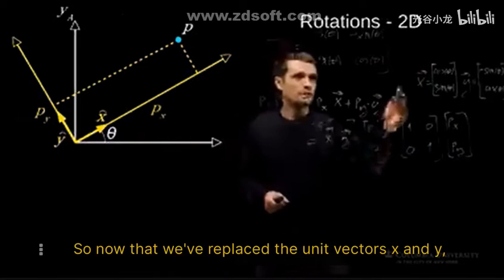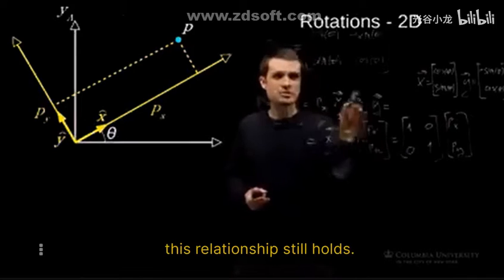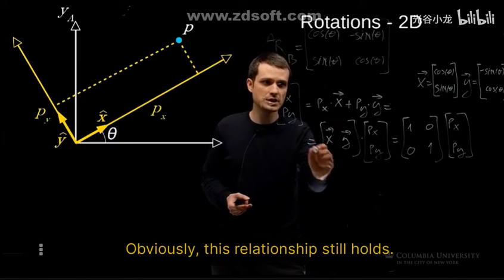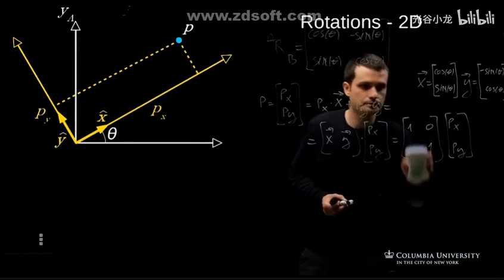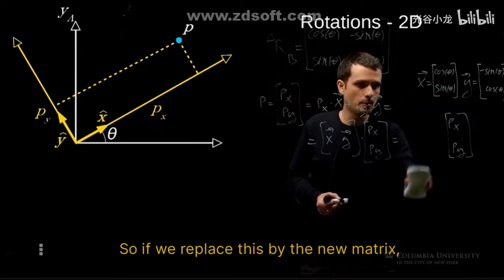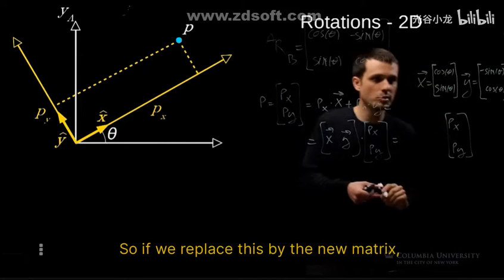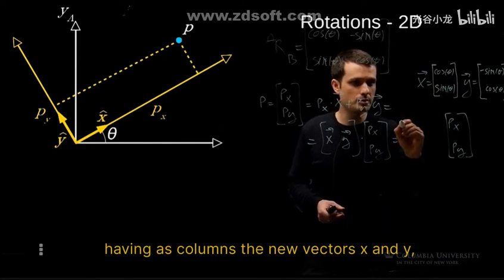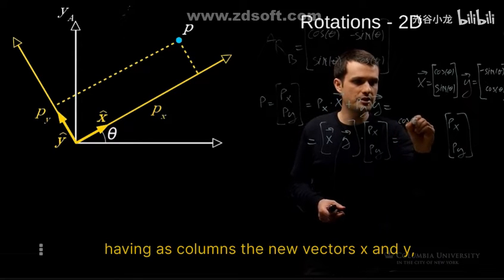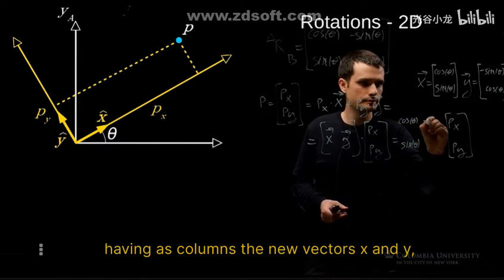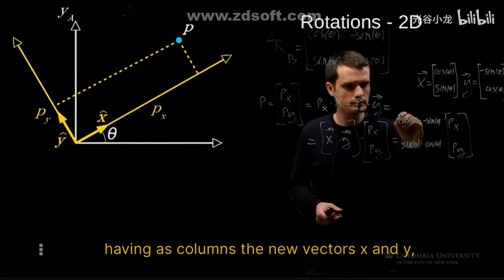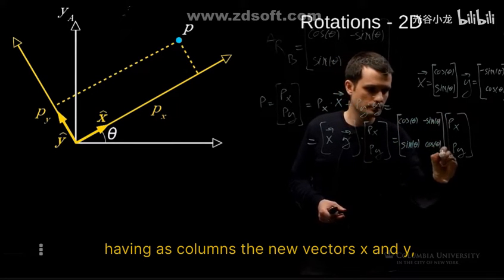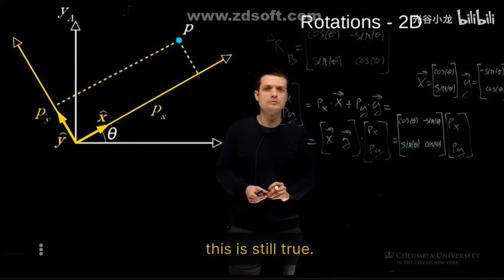So now that we've replaced, this relationship still holds. We just need to replace x and y inside of this matrix. So if we replace this by the new matrix having as columns the new vectors x and y, this is still true.